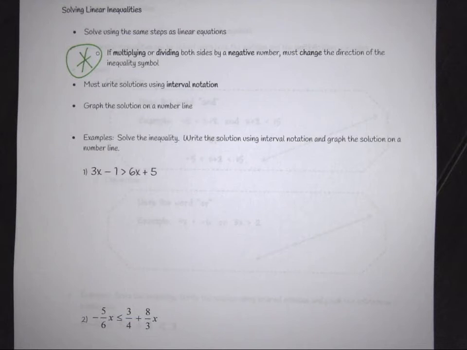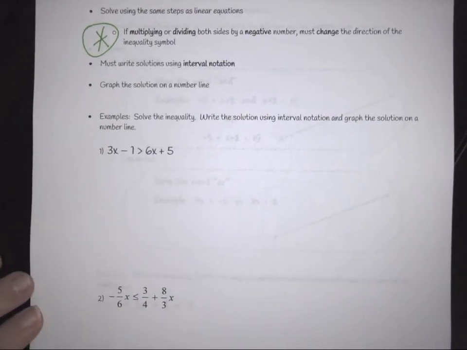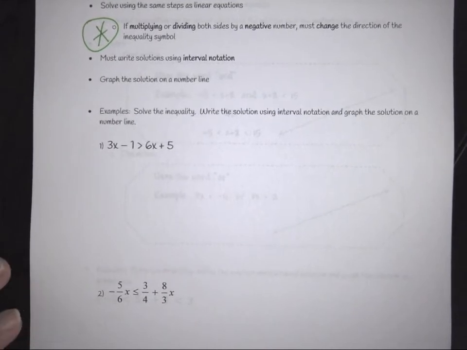And then you always need to remember to write your intervals in interval notation and to graph your solution on a number line. Now these are going to be solved in the same way that you would solve a normal linear equation. The only thing that makes it different is we've got the inequality sign.